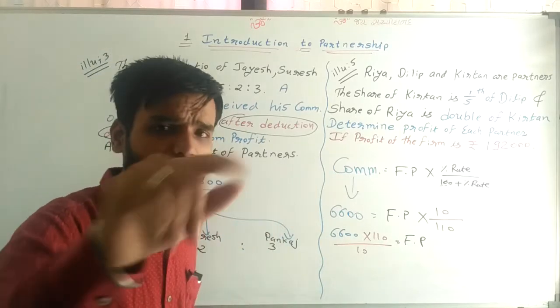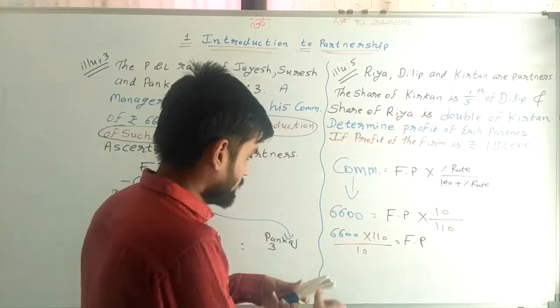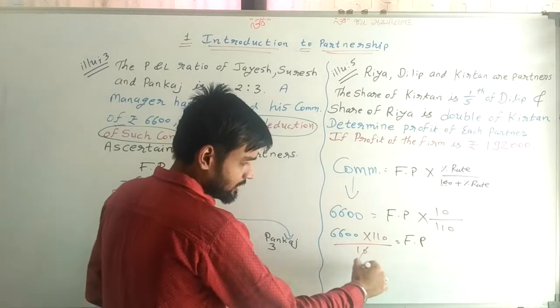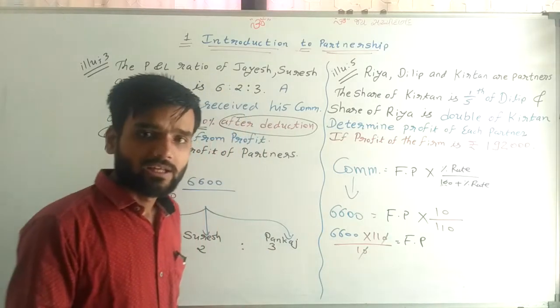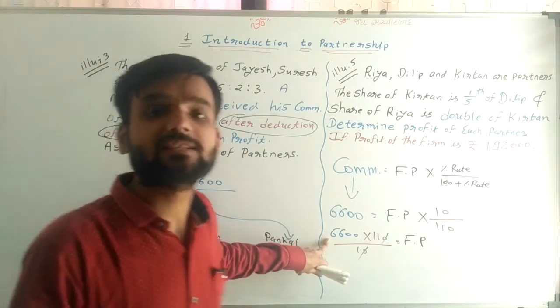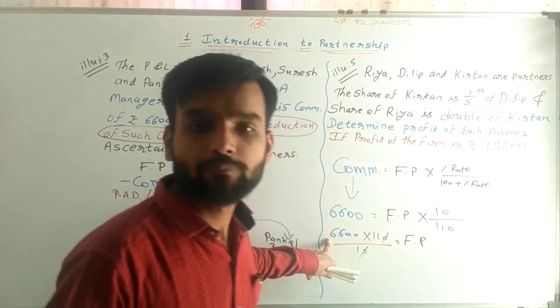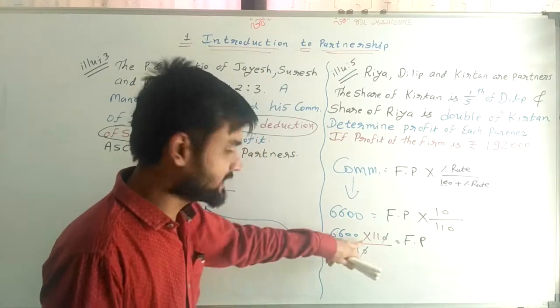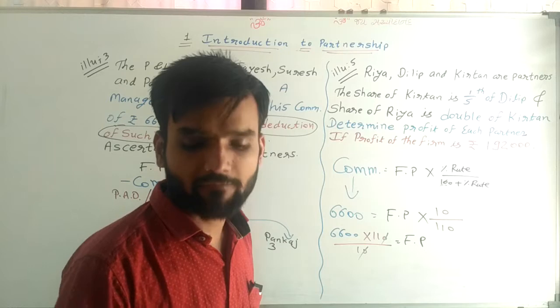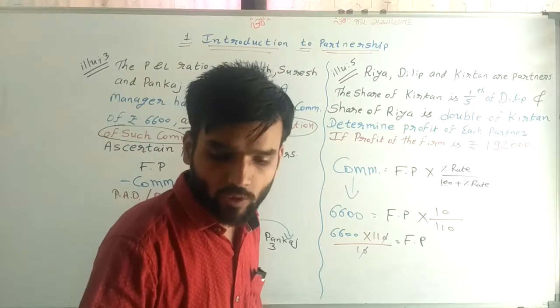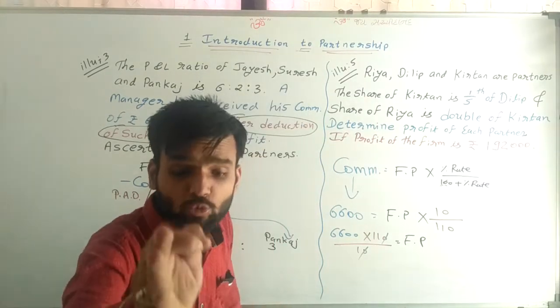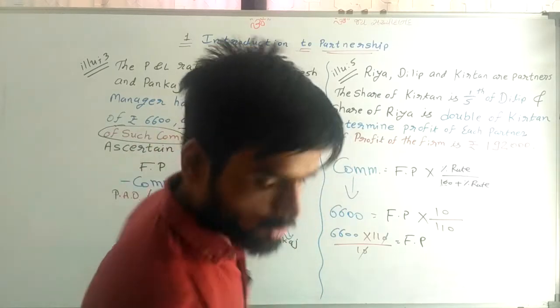In the calculator, what you need to do? The second way, 0 cancel. Now multiply 6600 rupees, multiply 6600 into 11. What is your answer? 72,600 rupees.